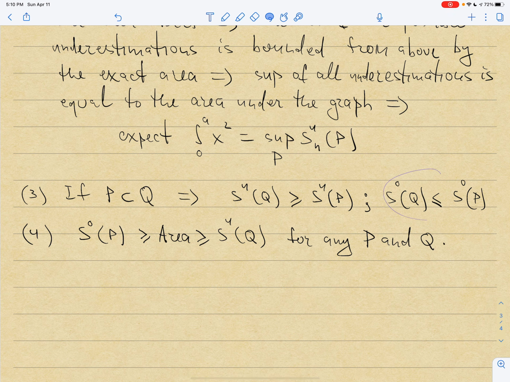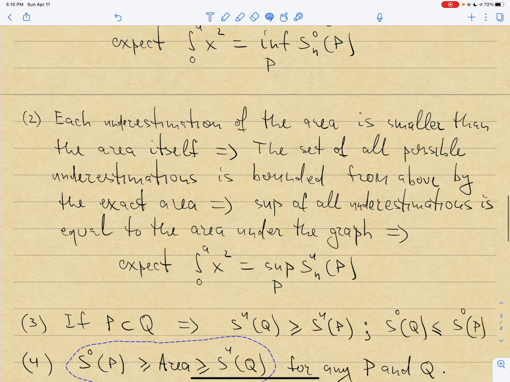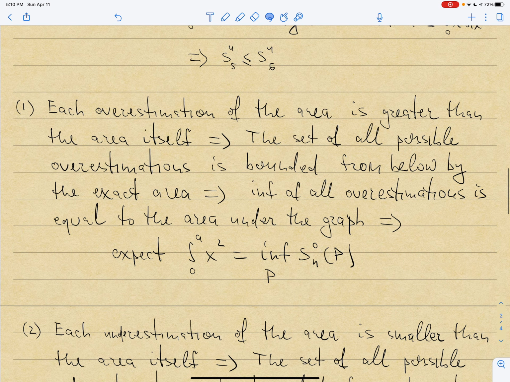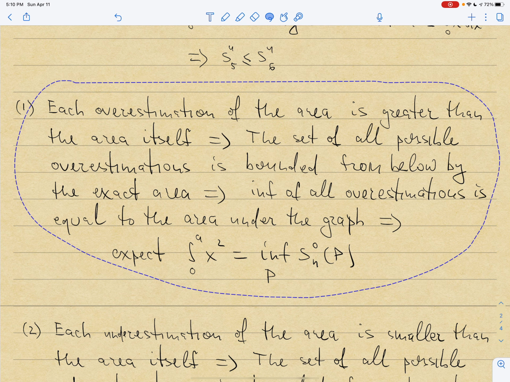We'll use the property that any underestimation is always less than any other overestimation. We're going to use those somehow to prove that the statement I put in number 1 is actually useful, in the sense that if we take all possible overestimations and take the infimum of those, then that should give you the integral.